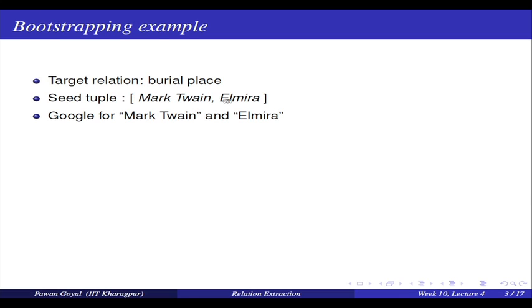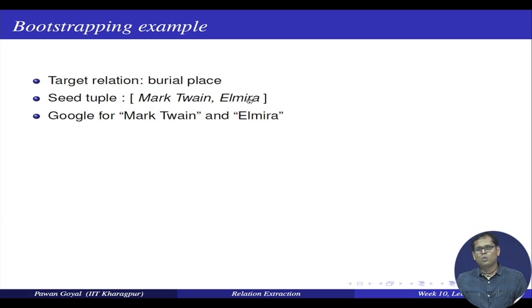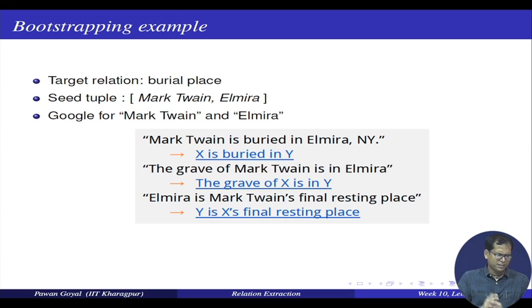So I have these entities Mark Twain and Elmira, and maybe I can Google these entities Mark Twain, Elmira together, and let us see what kind of sentences I get. Suppose I get a sentence like this: Mark Twain is buried in Elmira, New York. I know what my entities are here: Mark Twain is X, Elmira is Y. So I can immediately form a pattern: X is buried in Y, and this becomes my pattern.